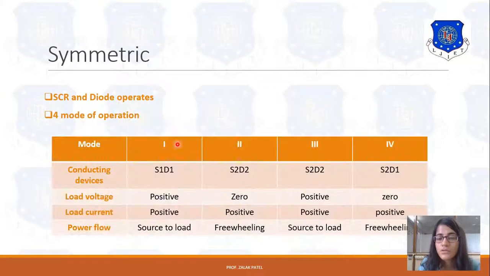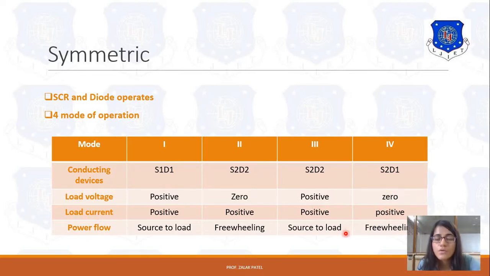Now the fourth case is almost similar to the first case, where S2 and D1 will operate. In case of S2 and D1 operation, again the load current is positive because SCR is operated and SCR has a positive gate current, and because of that the load current through the device is positive.